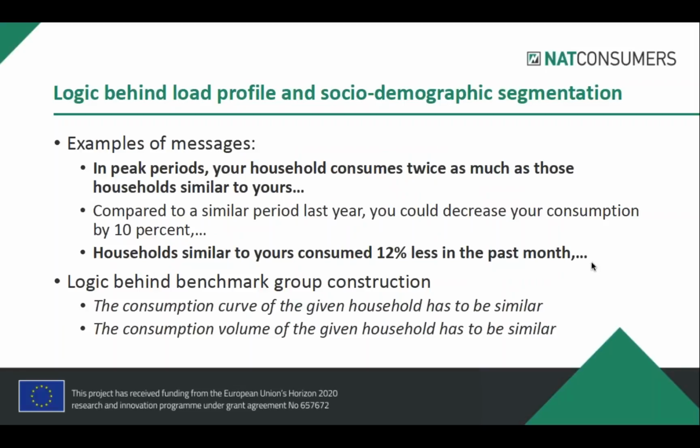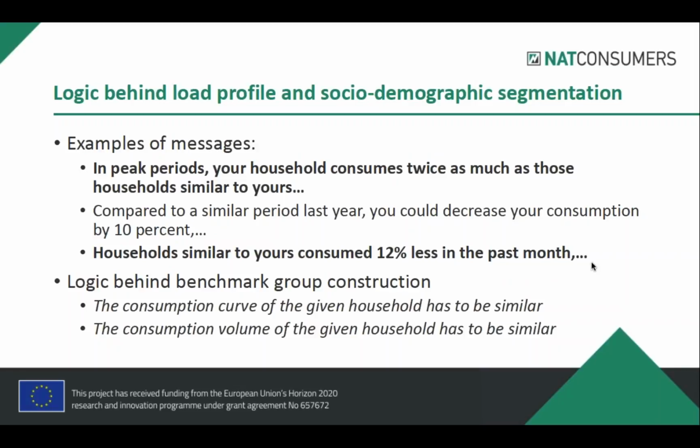First, some more words about the logic behind the load profile and socio-demographic segmentations. I wrote here three examples of messages which could be sent to a consumer. The first is, as you see, in peak periods, your household consumes twice as much as households similar to yours.